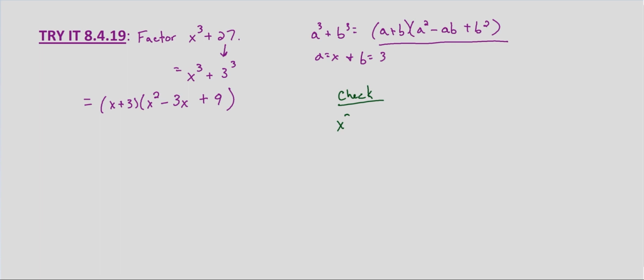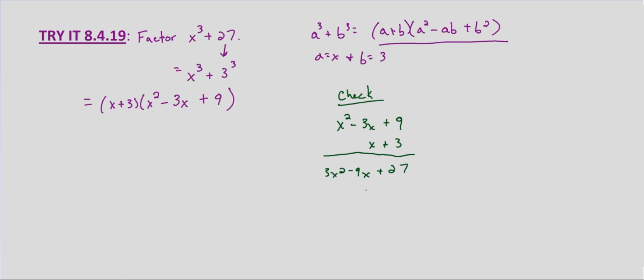So we have x squared minus 3x plus 9. We want to multiply that by x plus 3. That ends up being 27 minus 9x. X squared times 3 is 3x squared.